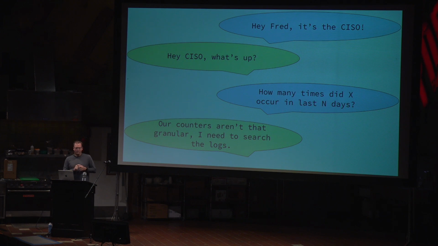I was able to find one, but it didn't have the dimensions or tags which would break it down by what I needed. So while I said use counters, sometimes one may find themselves in a position where that's not an option, or you might not have the necessary metadata on those metrics. The only place I could get this information was our logs, and so I let them know I'd have to run an exhaustive log search.